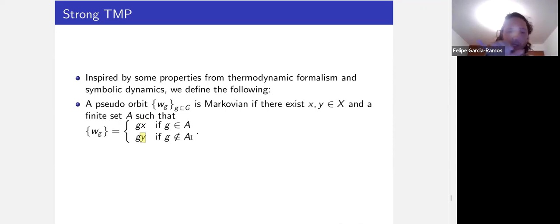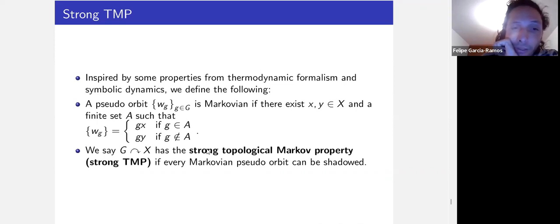Previously, we could take pseudo-orbits that had jumps all the time. Here it's almost an orbit, but it's an orbit that you construct from two points, and the jumps are only finite. Inside it looks like x, outside it looks like y.